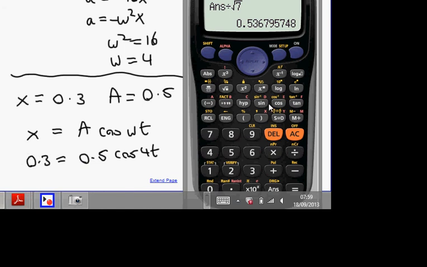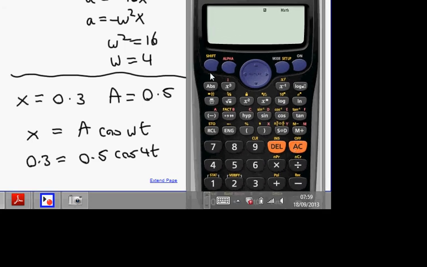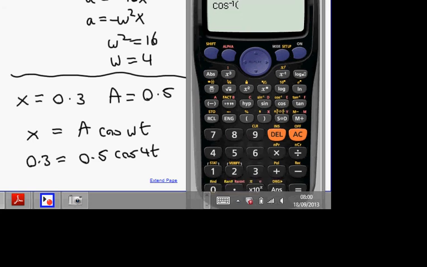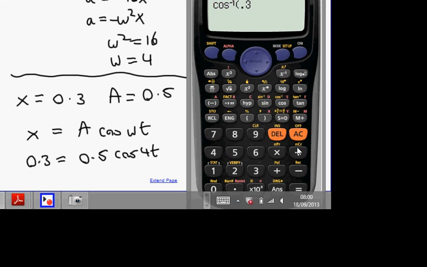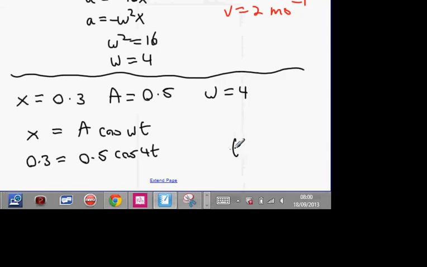You're going to do shift cos inverse of 0.3 over 0.5, which is 0.3 divided by 0.5, equals 0.927. Divide that answer by 4 and the time taken should be 0.23 seconds, which it is. So the time taken is 0.23 seconds.